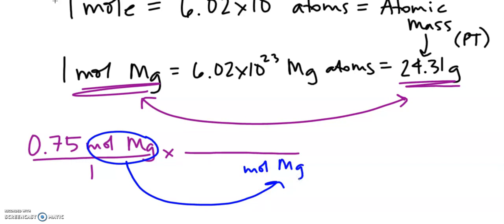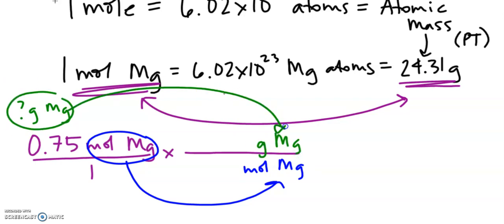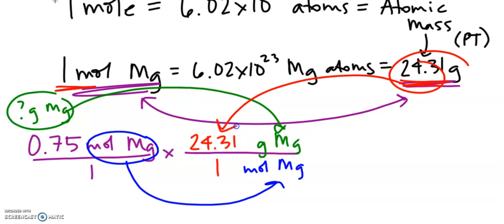And then the units I want to find, which in this case is grams, goes on the top. The numbers that go here are your periodic table numbers, because 1 mole equals 24.31 grams. So 1 for mole, and the grams is that periodic table number, 24.31.